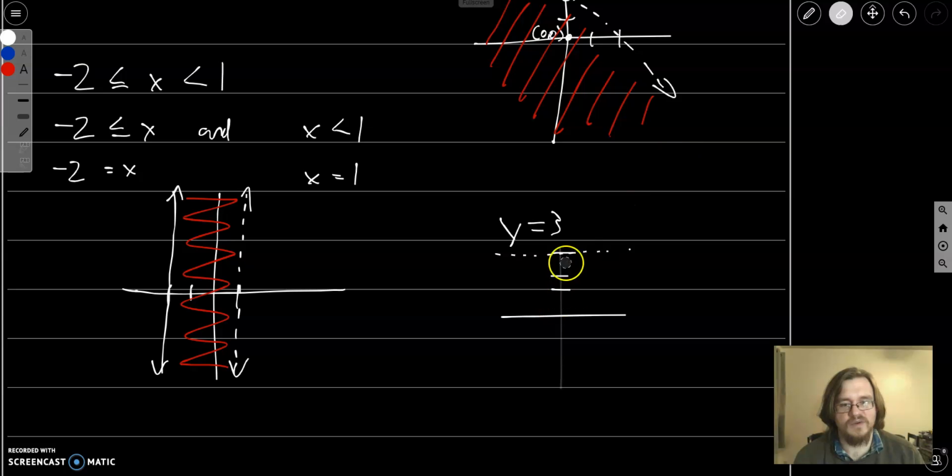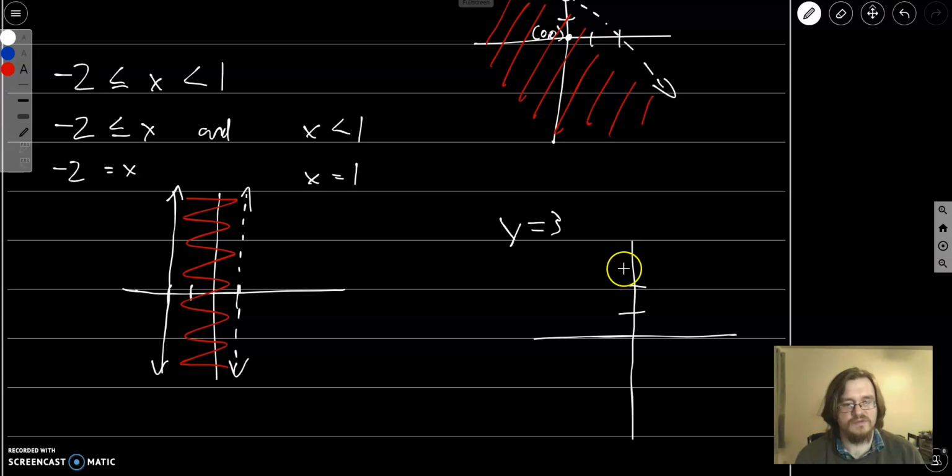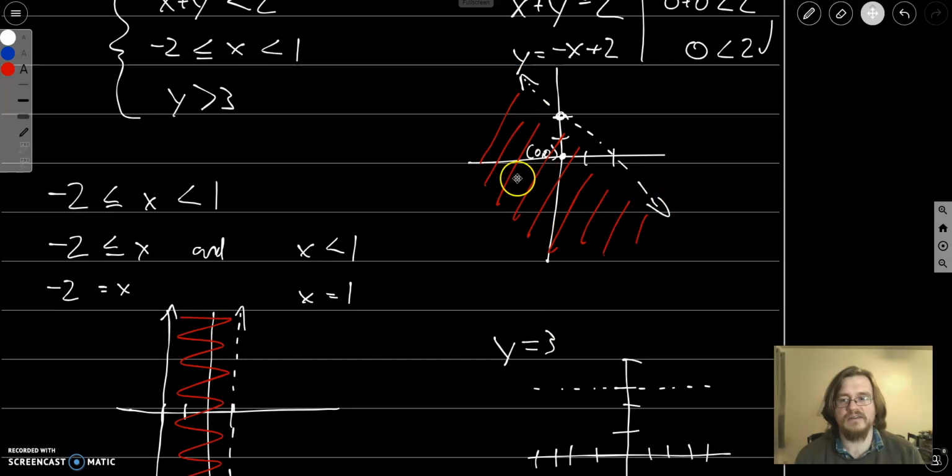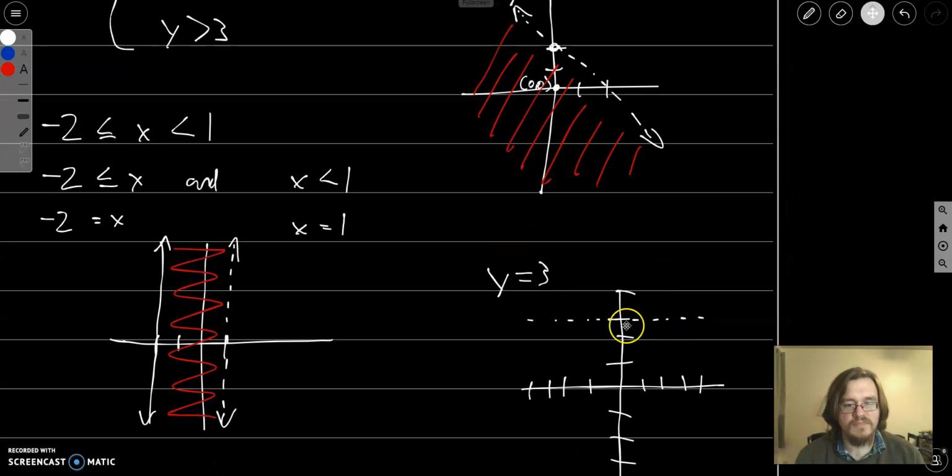Oops, I want to make this a little bit bigger, don't I? 1, 2, 3, 4. 1, 2, 3, 4. So our line y equal to 3 is when the height is equal to 3, and because it was strictly less than 3, we will have this line right here, and we will have everything below this line.